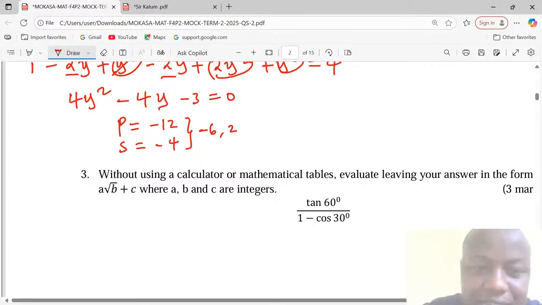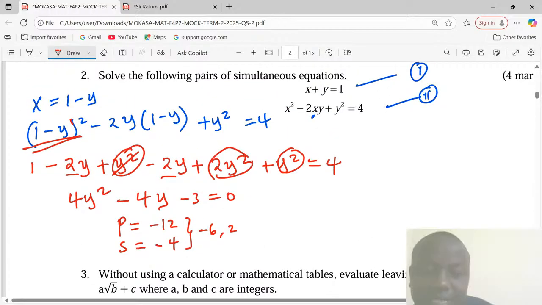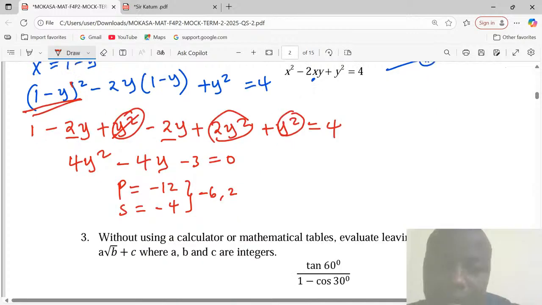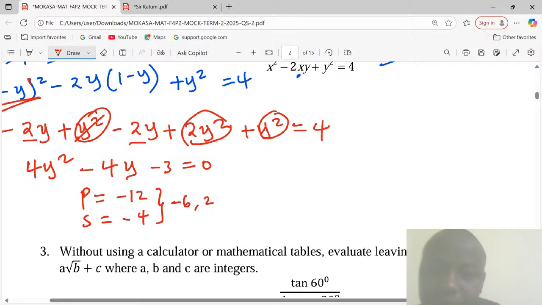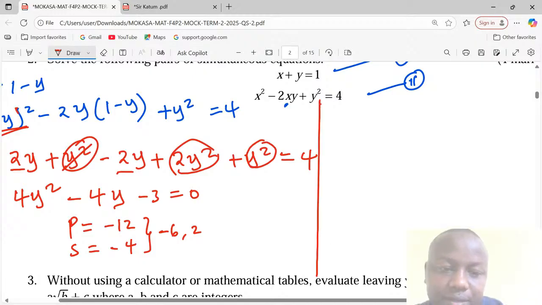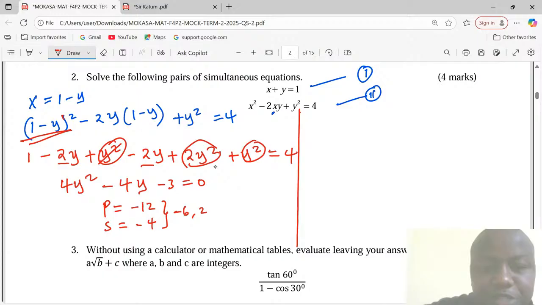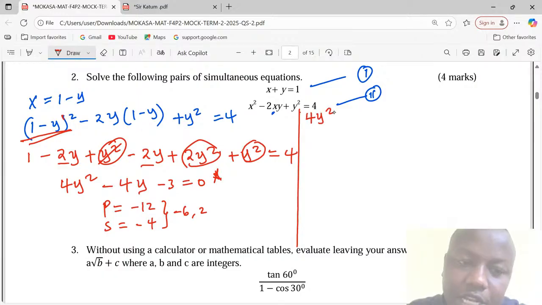So these are negative 6, positive 2. Now we can re-express this and say 4y squared. Instead of negative 4, we can write negative 6y. Then we add 2y minus 3 equals 0.